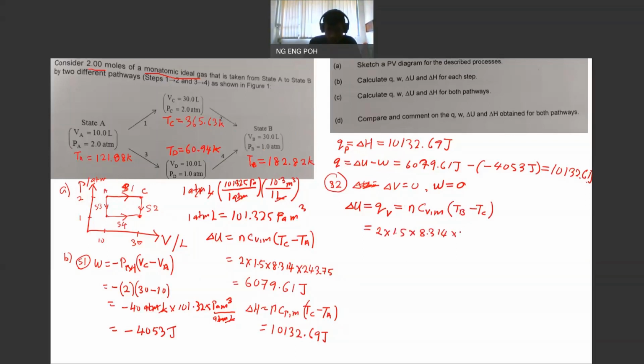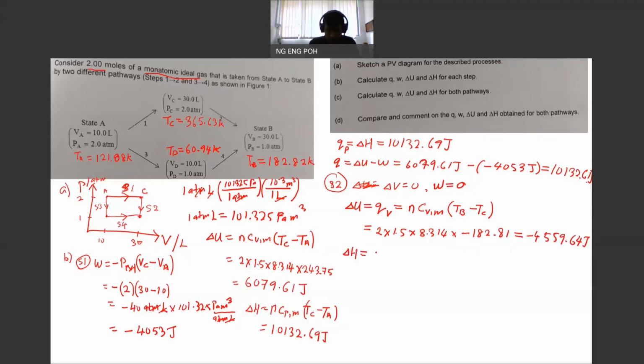So it will be negative 182.81 Kelvin. So this will be negative 4559.64 joule.